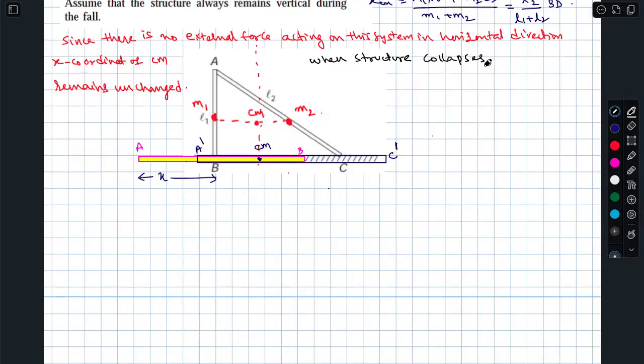When this structure collapses, what is happening? The x coordinate of the center of mass, as I said, is still L2 by L1 plus L2 times BC by 2. Agreed? Right.